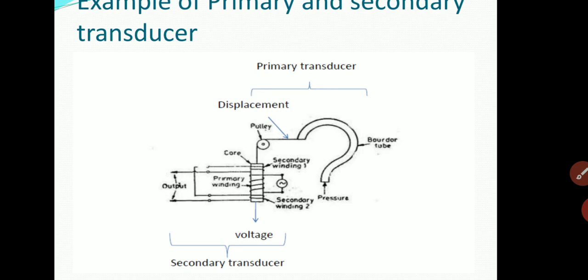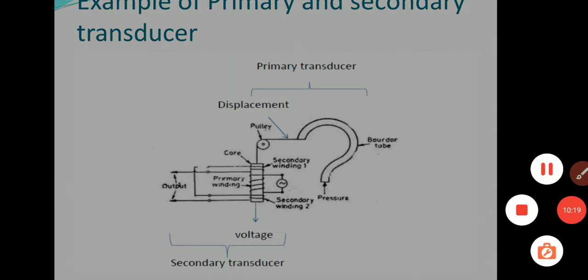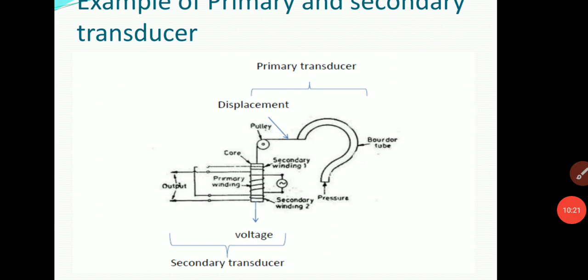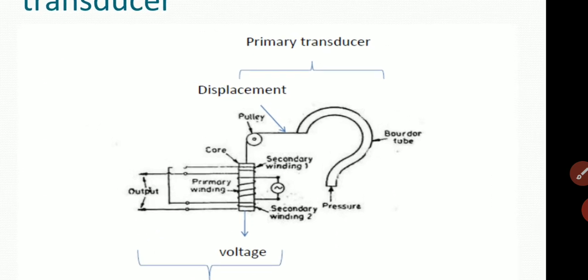This is a mechanical device that converts the pressure and converts it into displacement. This displacement is taken out by the pulley and to the core. It is connected to the soft iron core, as you can see from the diagram.